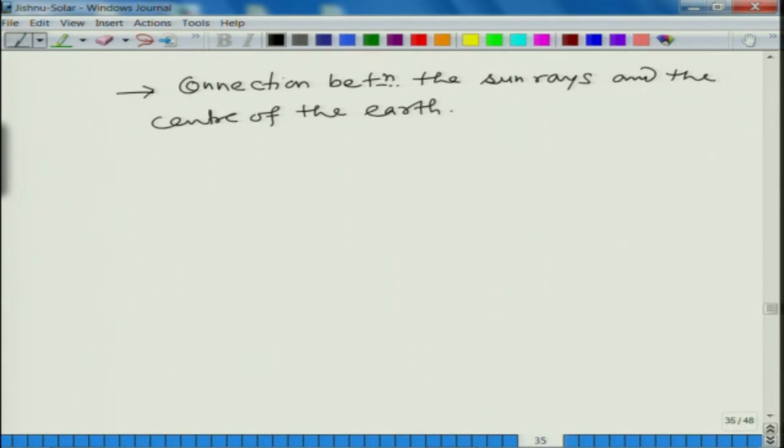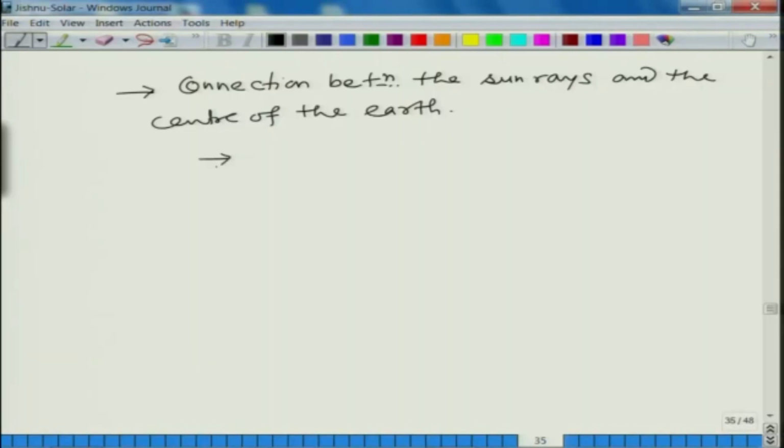Here we have seen that again we will have two angles, which will connect the observer, sun rays and everything to the center of the earth. Those two angles were, one was the declination angle, which is often designated with delta. And we have seen what it means.